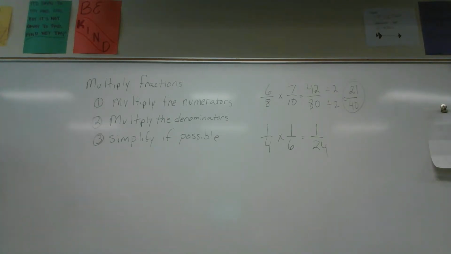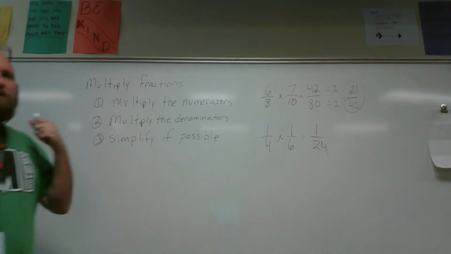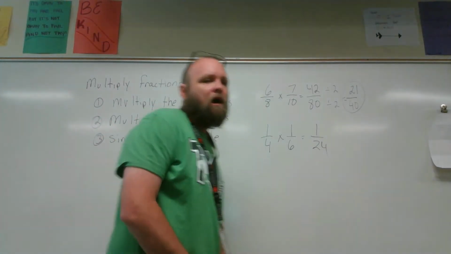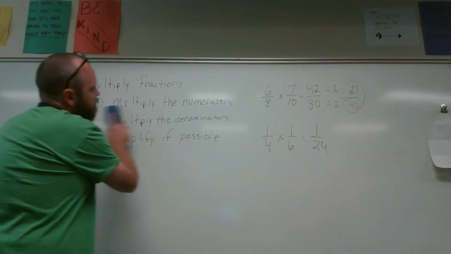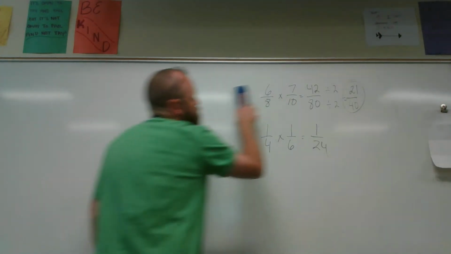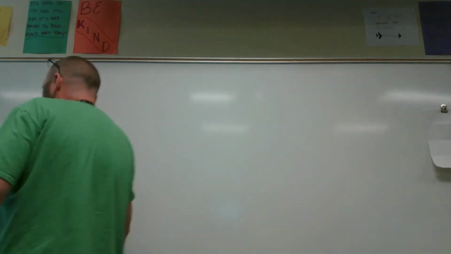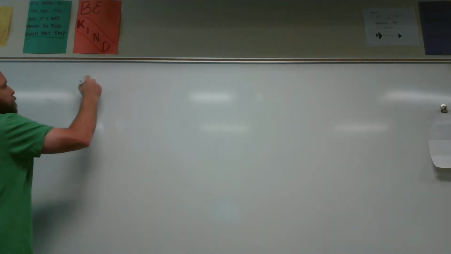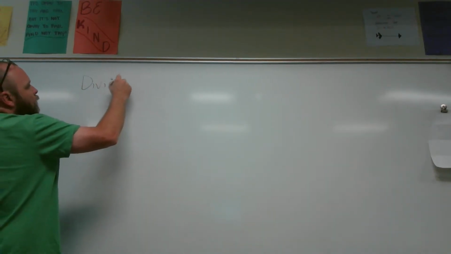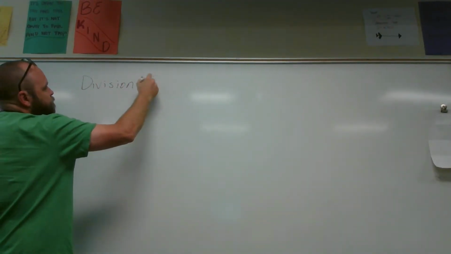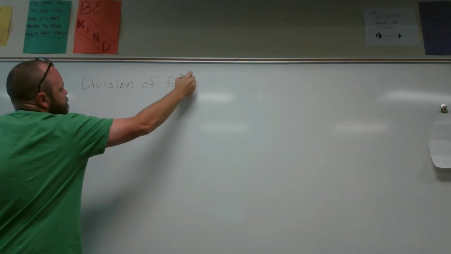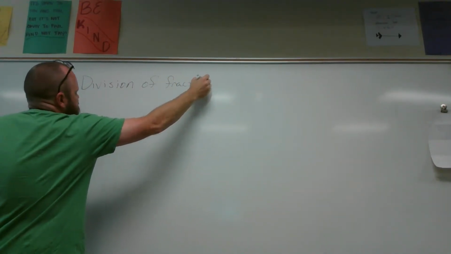So 3 steps. Multiply the numerators, multiply the denominators, simplify if possible. That is multiplication of fractions. Division of fractions. Use the following rules. Step 1.